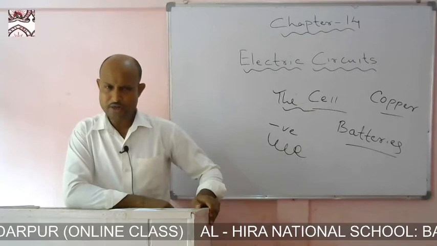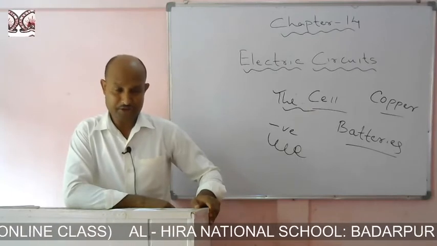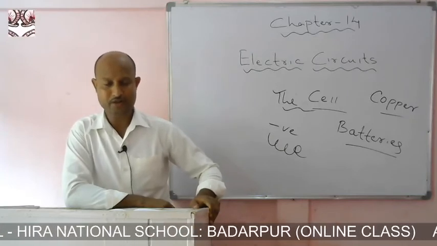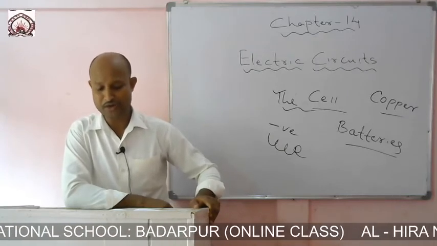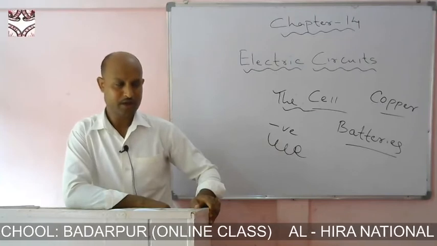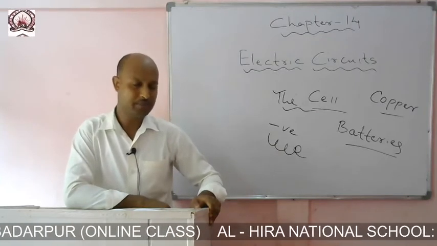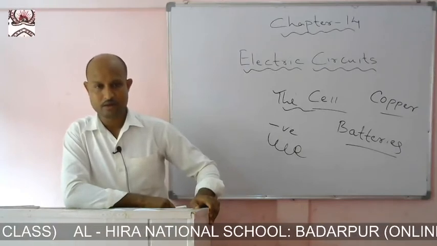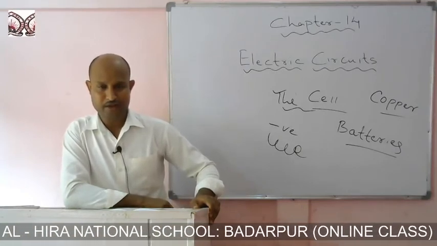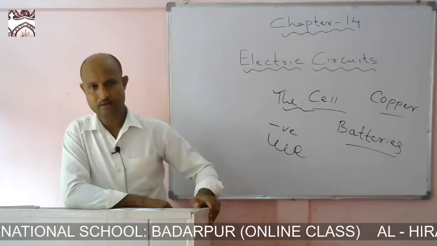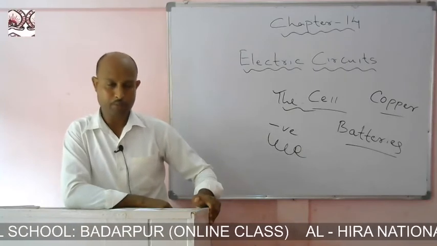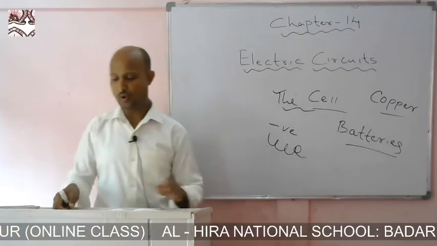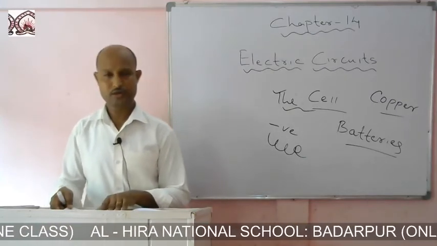Because we know that our body is also a good conductor of electricity. So if we come in touch with any electrical appliance at the time when electric current is flowing through it, by mistake, then we may die also, as our body is also a good conductor of electricity.